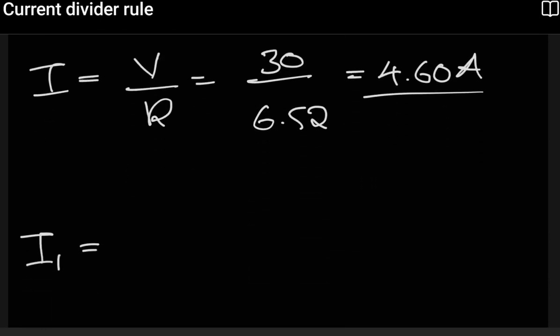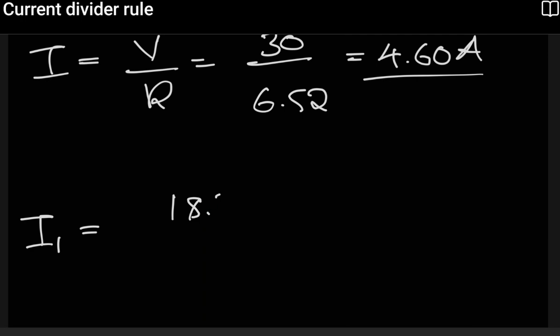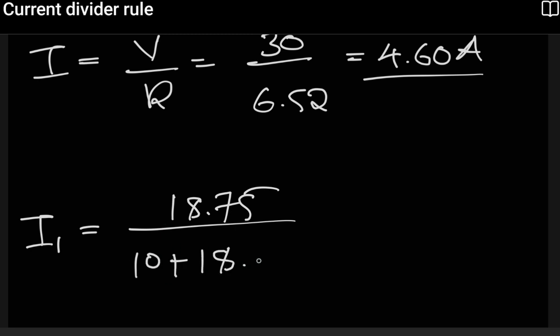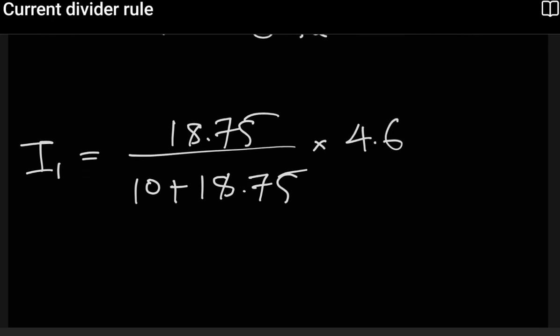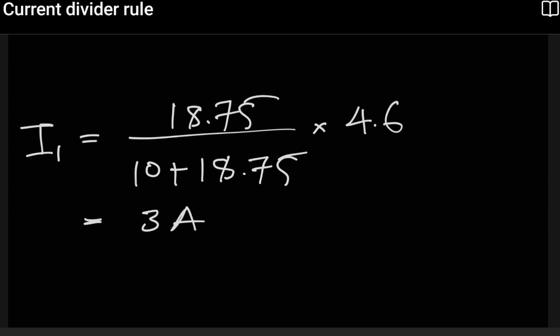So we're going to have that 18.75 divided by the sum, which is our R1, 10, plus the other resistor, 18.75. Then we'll multiply this by the current entering that junction, which is 4.6. So if we do the math here, this comes to give us I1 as 3 amps.